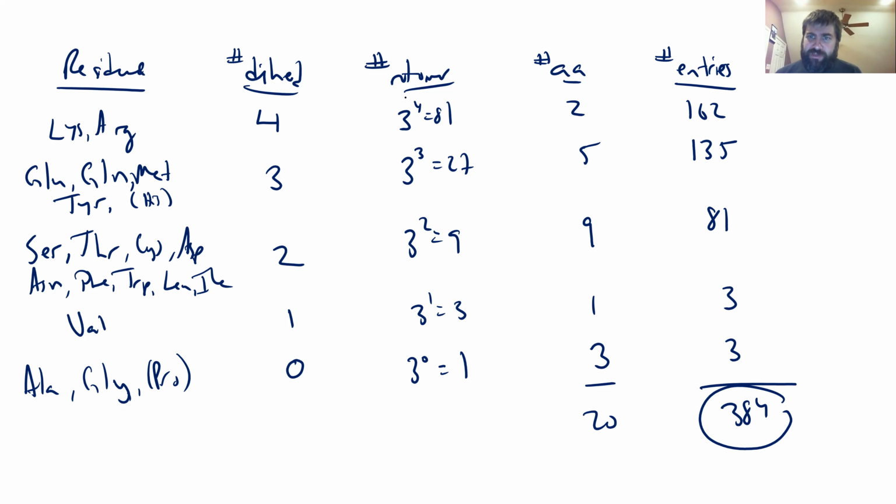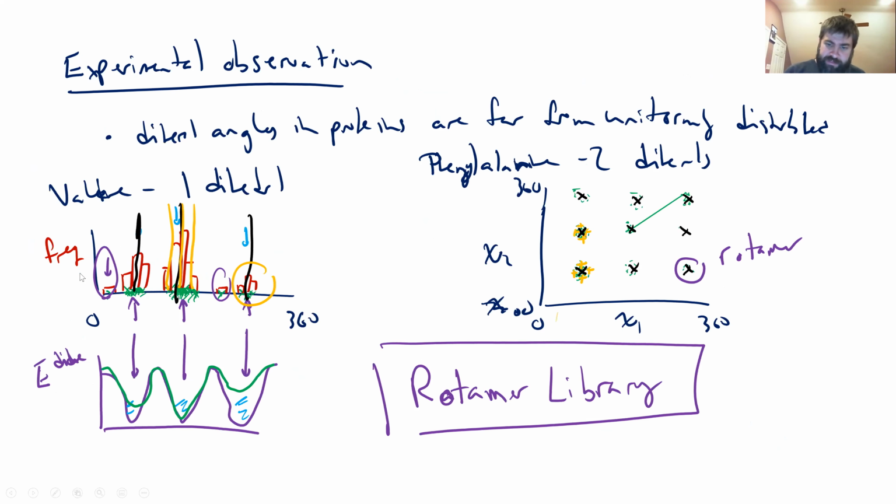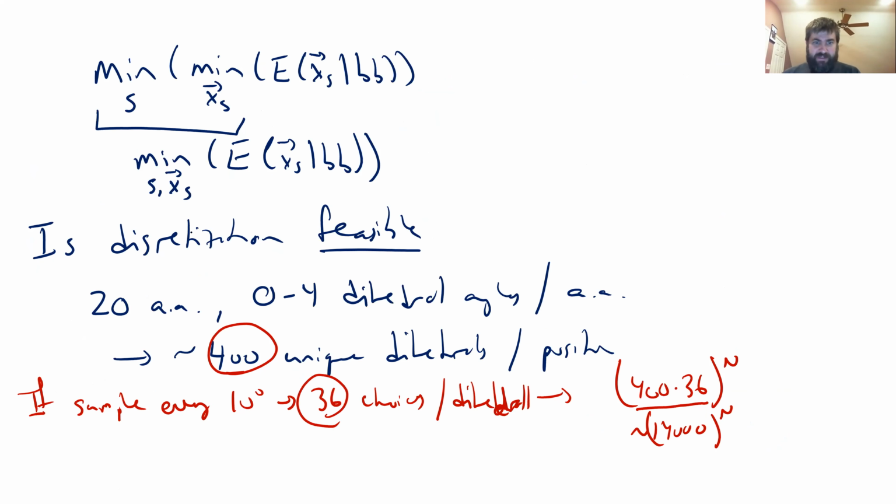Even though it's reasonable to say that the average number of dihedral angles is 2, our total space that we need to search is fairly modest, significantly smaller than the 10-degree sampling, and really on par with our estimate of how many unique dihedral angles we might think per position.